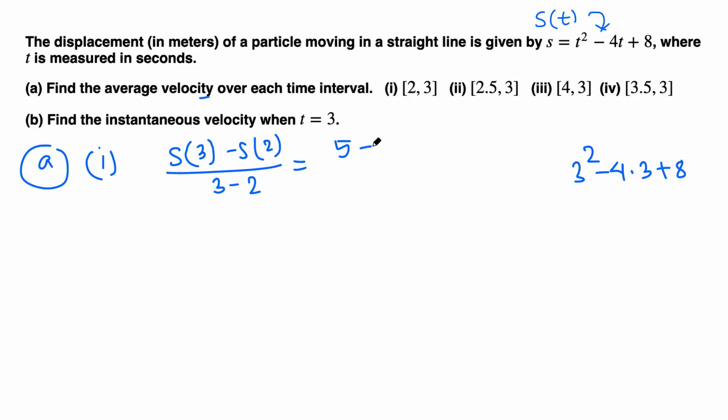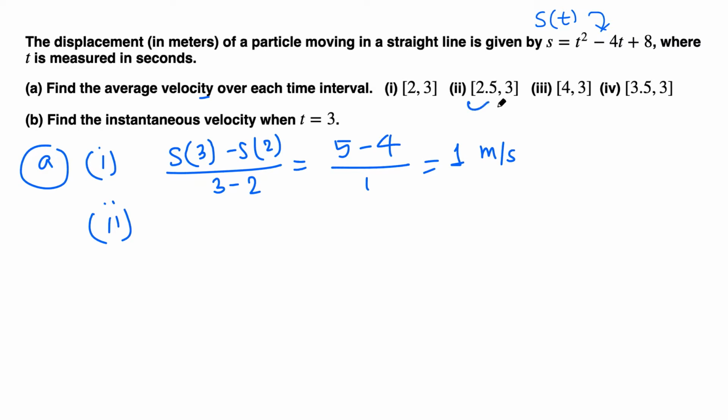That comes out to be 5, minus S(2), over 3 minus 2, which is 1, and that's just 1 meter per second. You can graph this function on your calculator and use the table to evaluate.